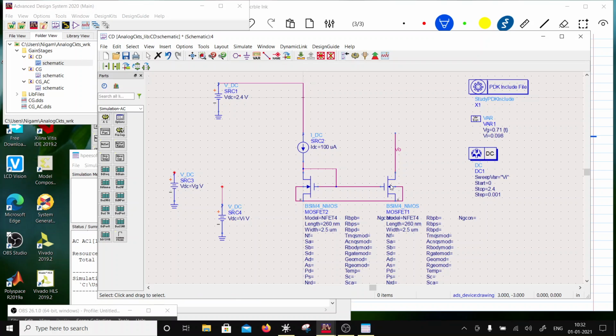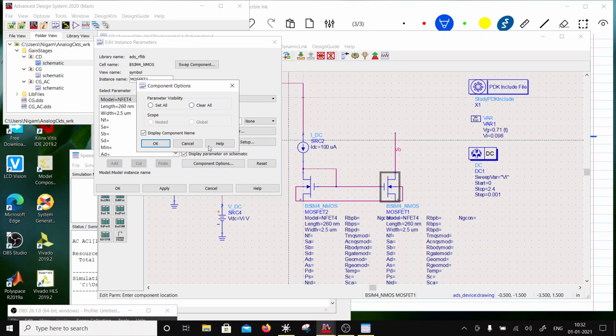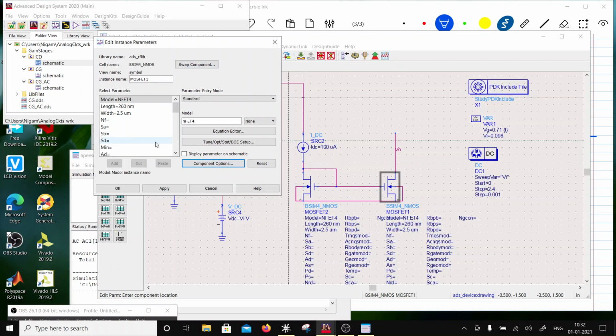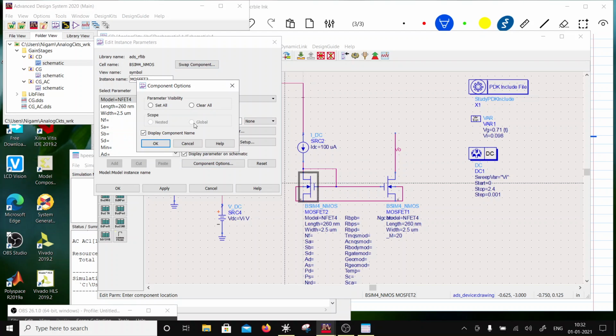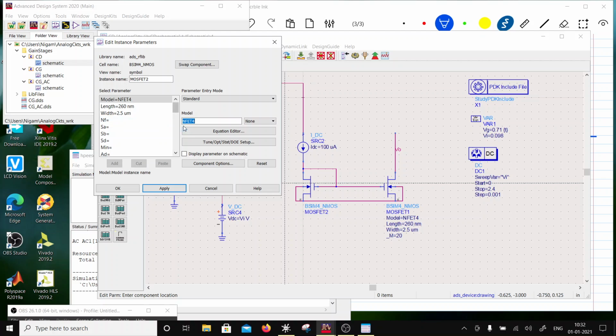Okay, and I'm going to display what I want to. So I'm going to clear all. I'm going to just display the model name, the length, the width, and the multiplicity. And the same I'm going to do for this device. Clear all. The model name, the length, the width, and the multiplicity.